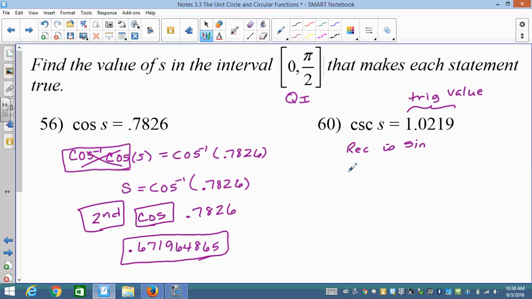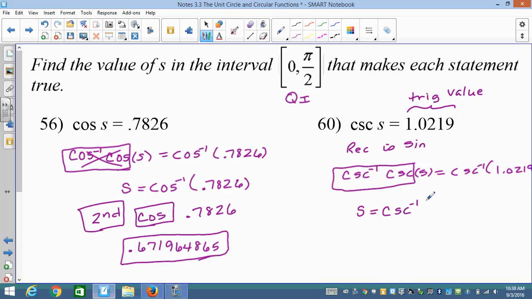So we really want arc cosecant of the cosecant of s, which would equal the arc cosecant of 1.0219. These two cancel out, and we're left with s equals the arc cosecant of 1.0219.